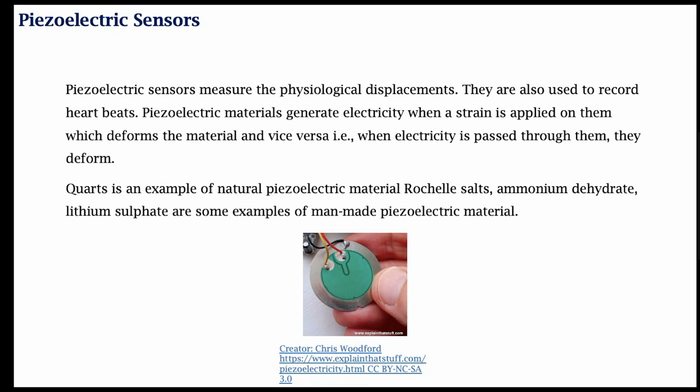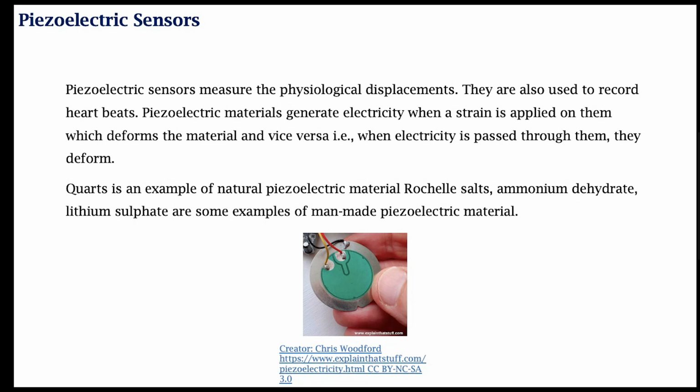So far, we have looked at resistive sensors. We looked at strain gauges, thermistors. We looked at capacitive displacement sensors, capacitive sensors. We looked at inductive sensors.